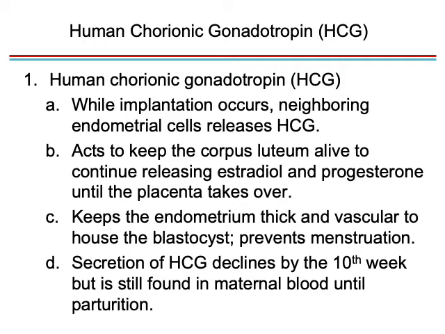It does this for the next month or so until the placenta takes over to become the main endocrine organ of pregnancy, and placental cells produce estrogen and progesterone until the end. By keeping the corpus luteum alive, this prevents menses, keeps the endometrial cells nice and thick and vascularized.